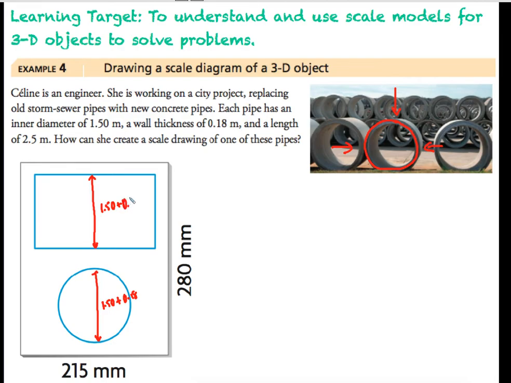So in the actual pipe itself, we have 2 times this measurement that we need to represent in the 280 millimeters. So if I was setting up a ratio, I would set up 280 millimeters has to represent, and if you think about what we have here, we've got 1.68, but we have 1.68 taken twice, so that would be 3.36 meters.